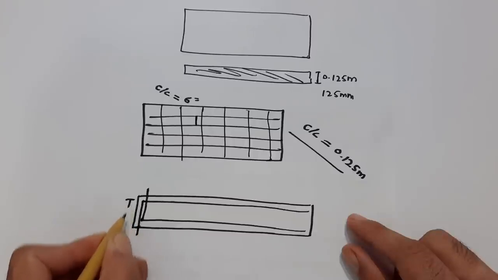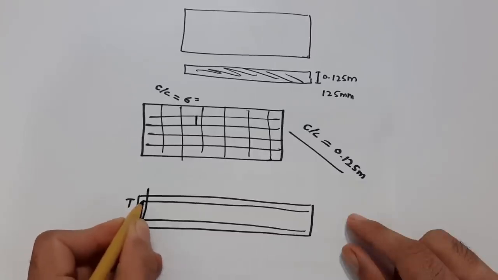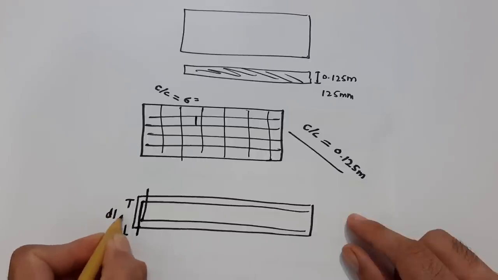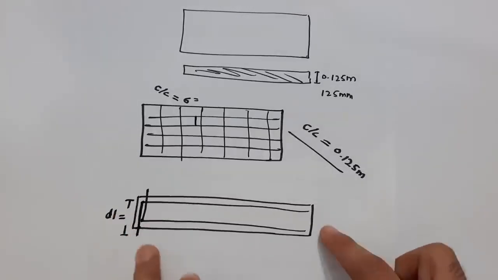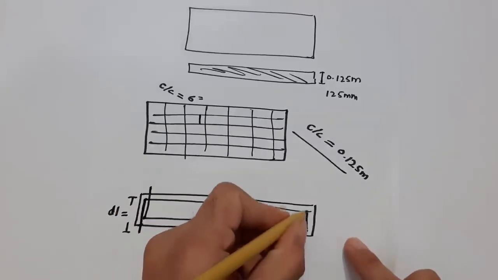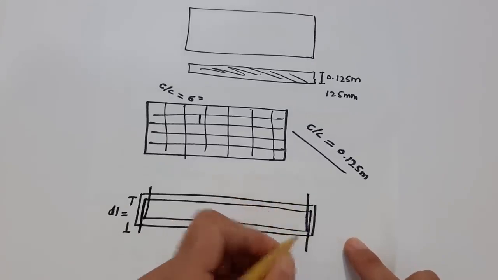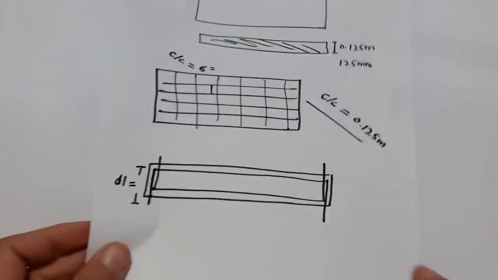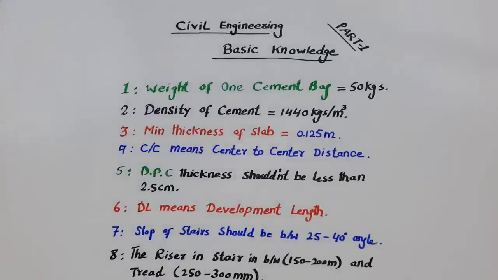This length, from here to here, is called DL, development length, which makes a good bond between steel and concrete. So at the end we are providing these.